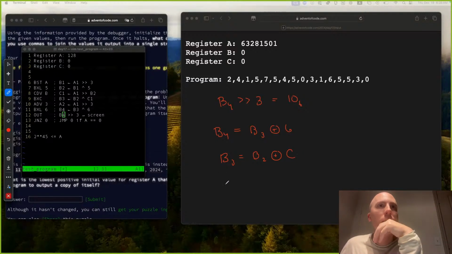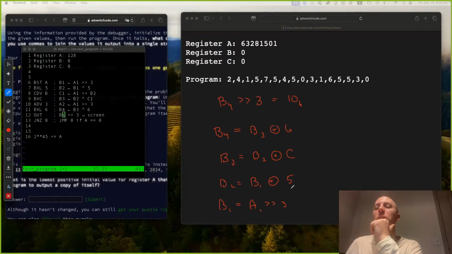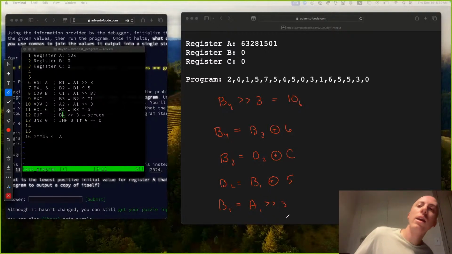Then we have that B2 is equal to B1 XOR 5. Then B1 is equal to A1 shifted over by 3. We start with B4 has to be this, and we want to solve for the value of A.